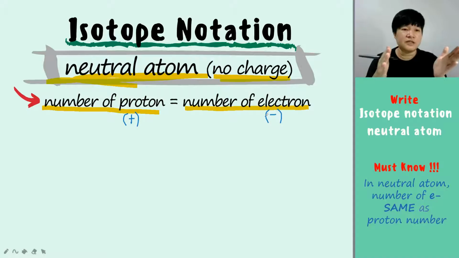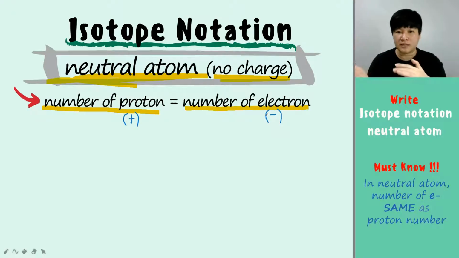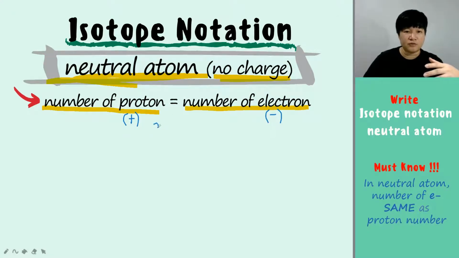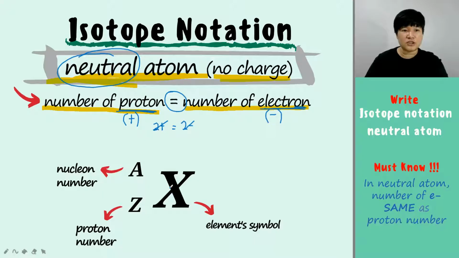If the number of protons is equal to the number of electrons, then the positive and the negative will cancel off each other. For example, if I have 2 protons and 2 electrons, you can see 2 positive and 2 negative will cancel off each other. Simple. So the tip is that when it's a neutral atom, the number of protons must be equal to the number of electrons. And the isotope notation of a neutral atom will look something like this.